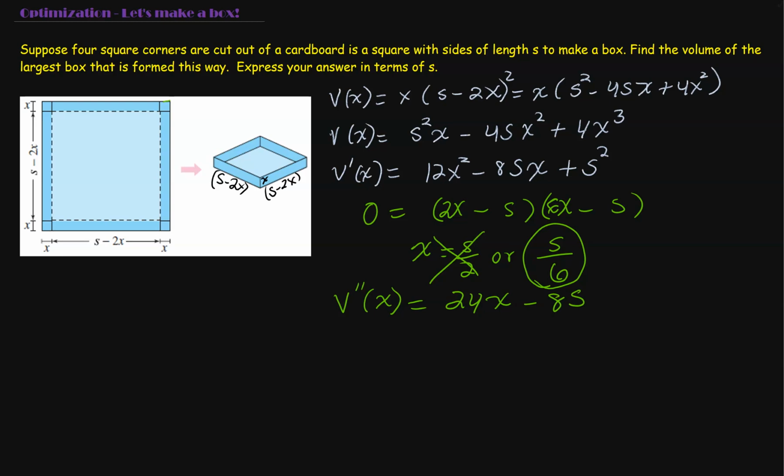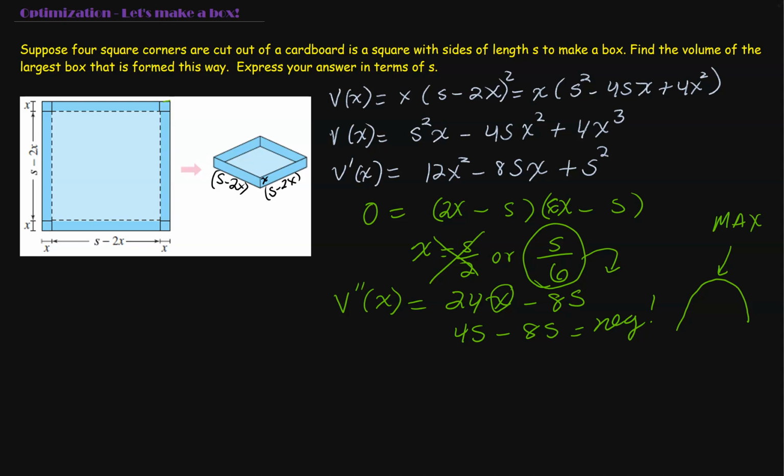When I evaluate it at s over 6, I will have 4s minus 8s, which will be negative 4s. If it's negative, then my function is concave down at that point, so that is going to give me a local maximum.